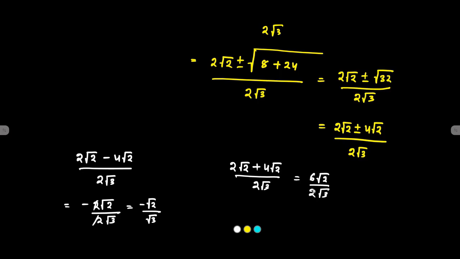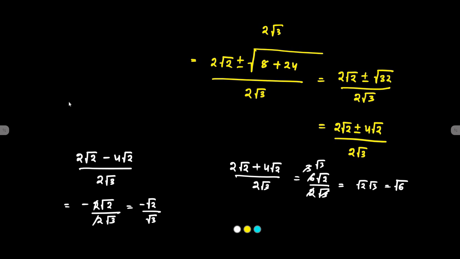So we have 6 by 2 is 3, and this is equal to √3, so it is equal to √2 √3, which is equal to √6, this.